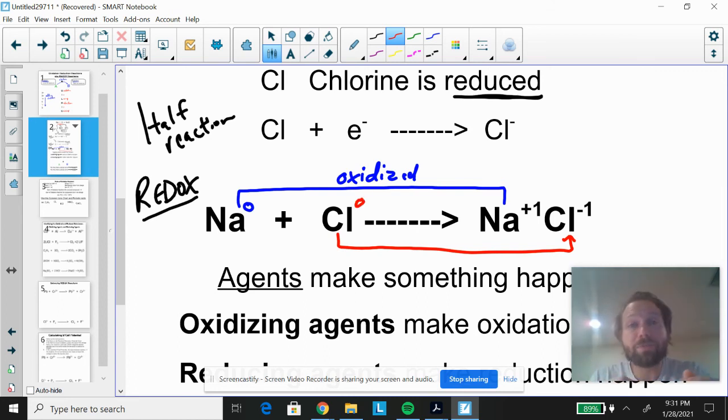And a -1 is more negative. Why? Because it's gaining electrons, and so that is being reduced. It's a little bit confusing right in the beginning because you think that reduction shouldn't mean that you're gaining something, right? We typically think of reduction as losing something, but the opposite is true in this case. The reduction is happening because you're gaining electrons, and the charge is being reduced.